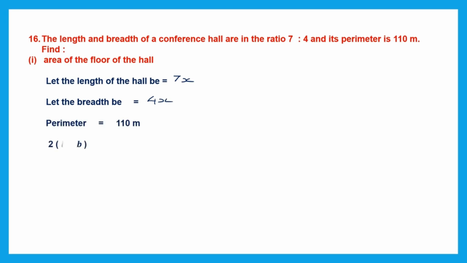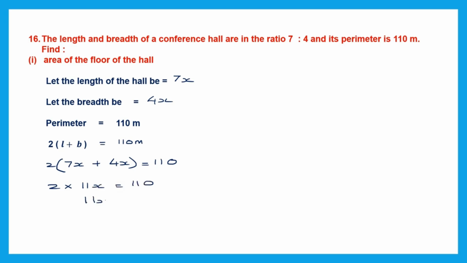We know the formula for perimeter, 2 into length plus breadth, and that will be equal to 110 meters. So that is 2 into length 7x plus breadth 4x, and together all this will give us 110. Now let's simplify this. 2 into 7x plus 4x is 11x, will give us 110.